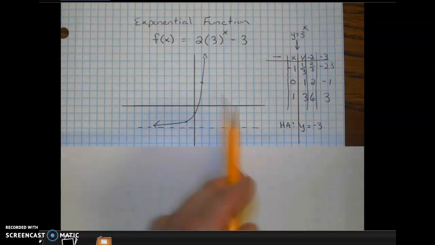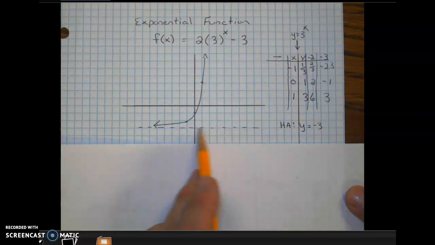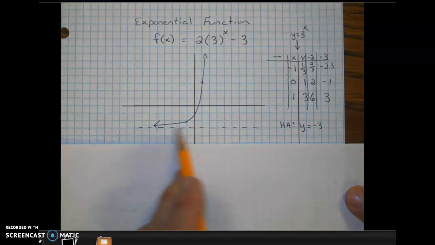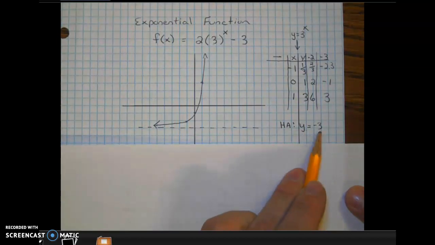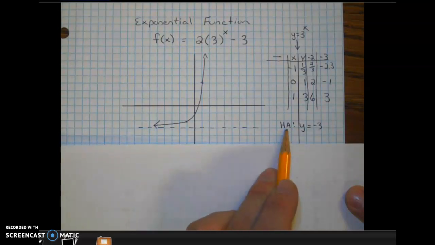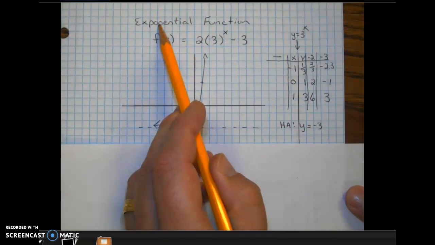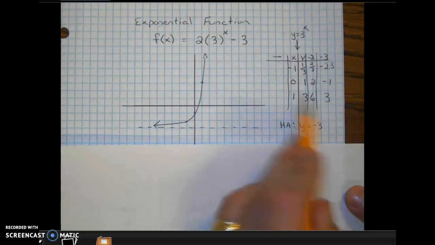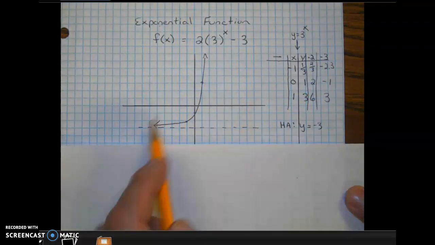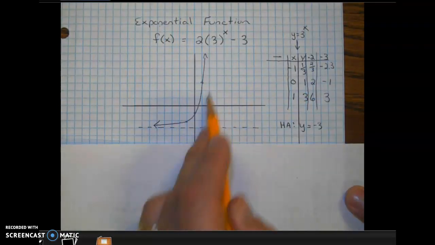So graphing it, I graphed the dashed line for the horizontal asymptote, y equals negative 3. And that horizontal asymptote is always going to be associated with the k value for exponential functions. Then I plotted our new transformed points and drew the graph.